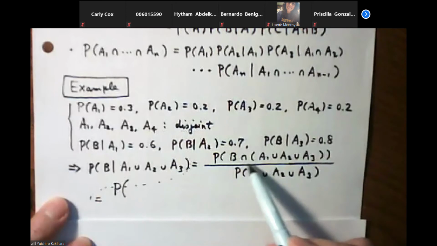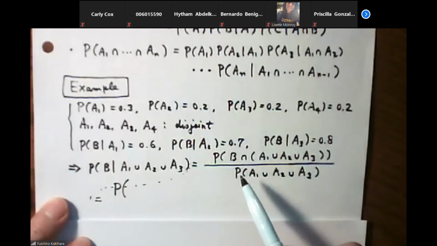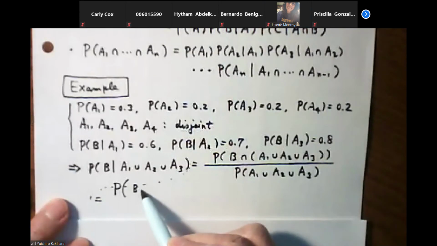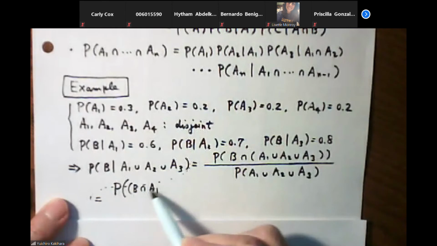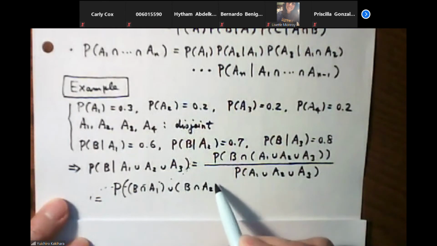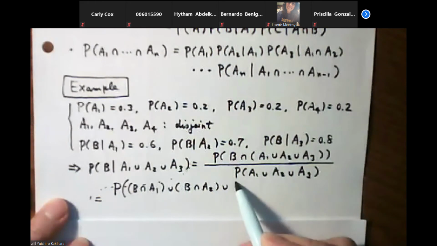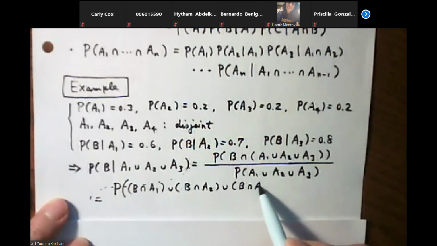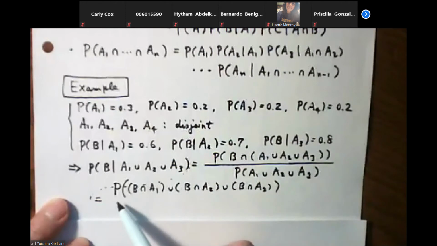Can you multiply? What is the rule? A1 intersection B. Yes, right. So this is B intersection A1 union B intersection A2, and then B intersection A3. Good, that is the numerator.